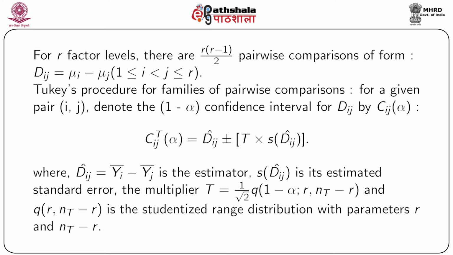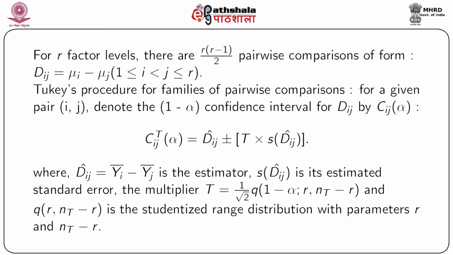So this is an estimate of mu_i minus mu_j, as we had seen previously when we defined a contrast also. The contrast is written in terms of the unknown parameter mu. Here also we are writing d_ij, or the difference, in terms of the unknown population means mu_i and mu_j, which for our inference purpose is estimated using the sample mean from the two groups.